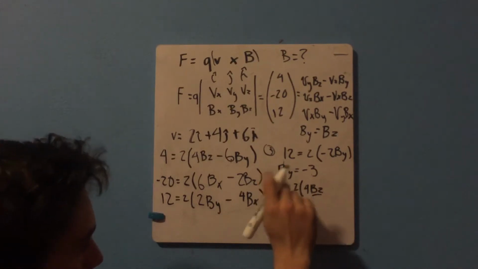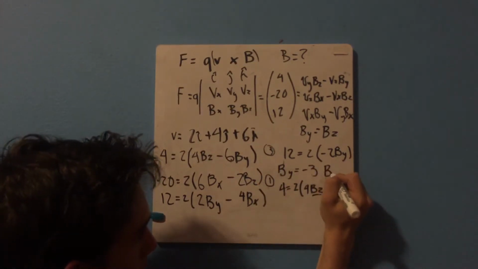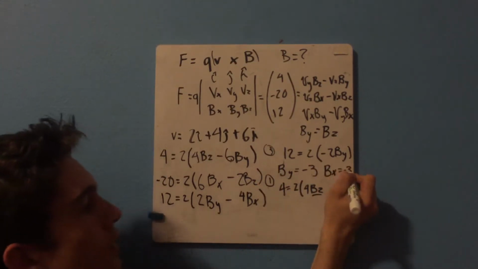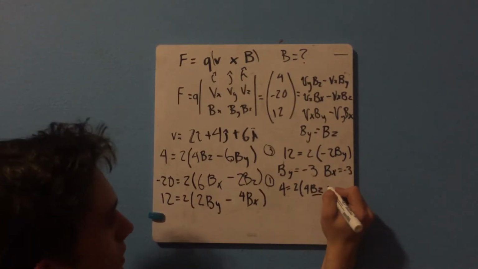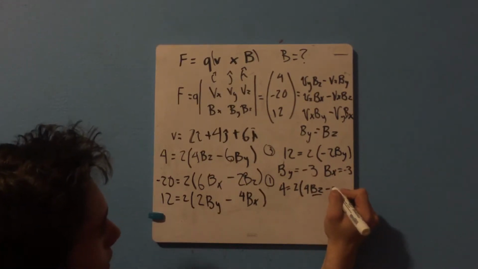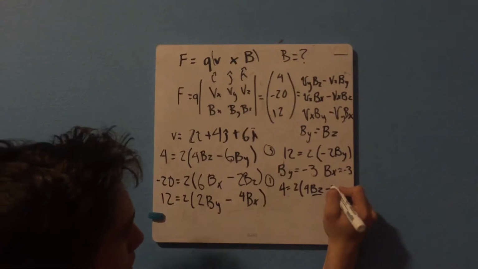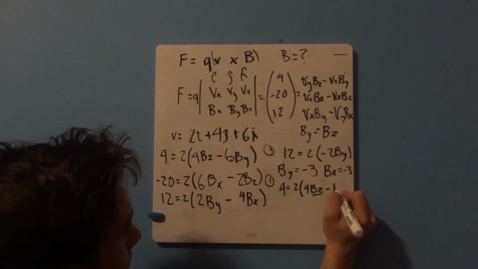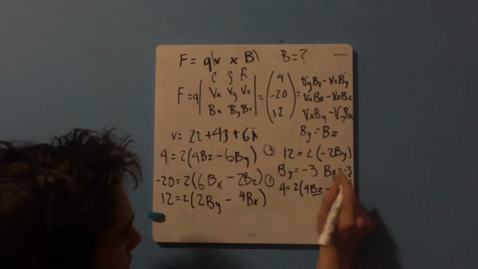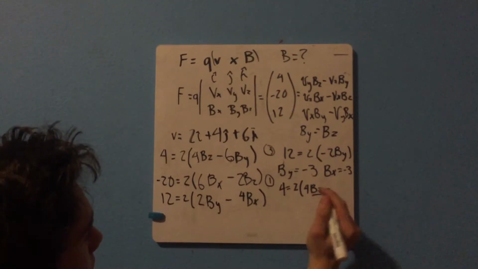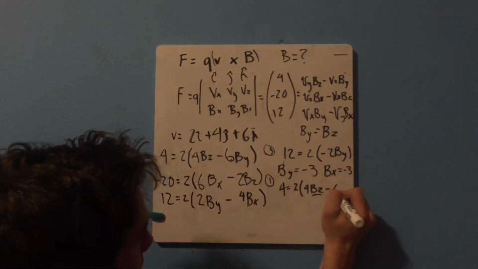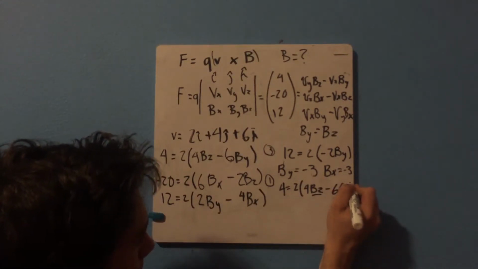We already got by, which also equals bx, so we can already write that down. And bz minus 6 times 3. 6 times 3 equals 18, right? So, no, sorry, 6 times minus 3. Well, let's just write that down. 6 times minus 3. Alright?